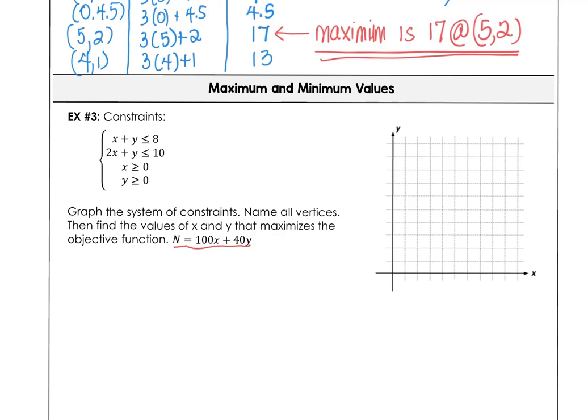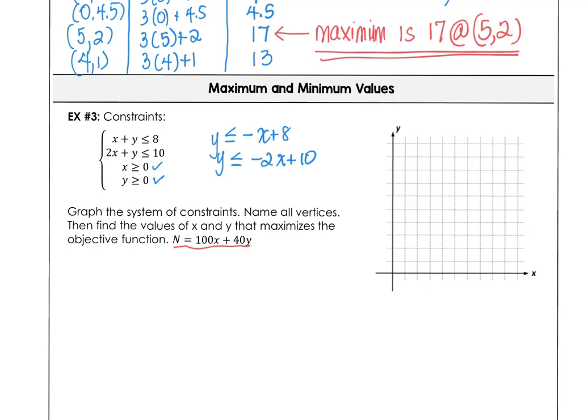Your job will be to find the intersection points of the vertices for your graph y = -x + 8 and the graph y = -2x + 10. x greater than 0 and y greater than 0 are the x and y axes, and we could use the scale of 1 for each line on our grid here.